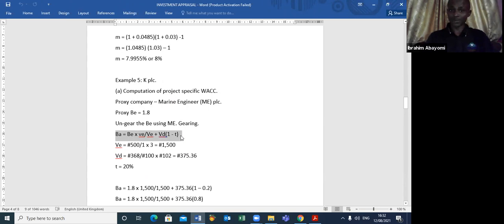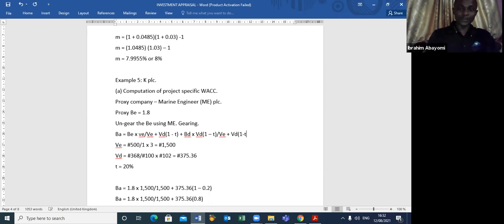If you look at this formula, you see that the second part of the formula is missing. The second part of the formula will have a beta of debt times market value of debt into bracket 1 minus tax, all over market value of equity plus market value of debt, 1 minus tax.